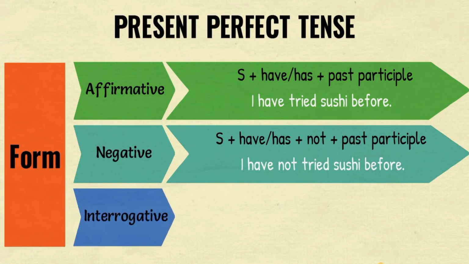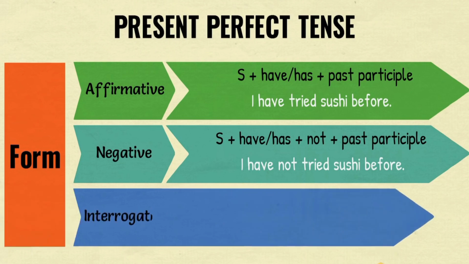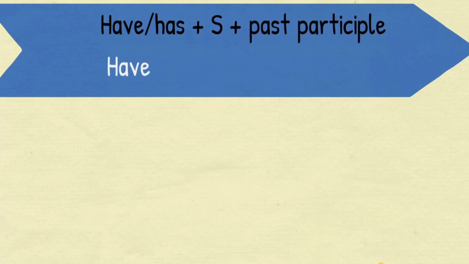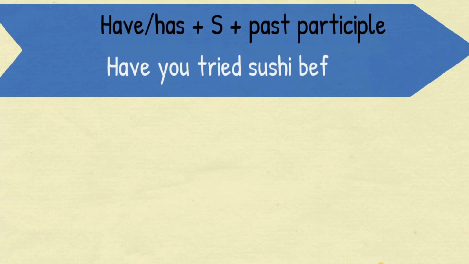Interrogative. Have or has plus subject plus past participle. Have you tried sushi before?